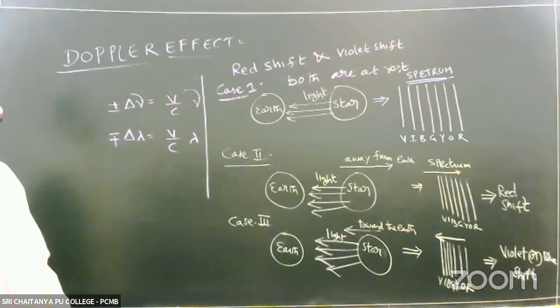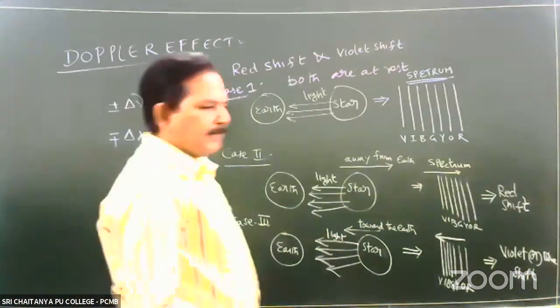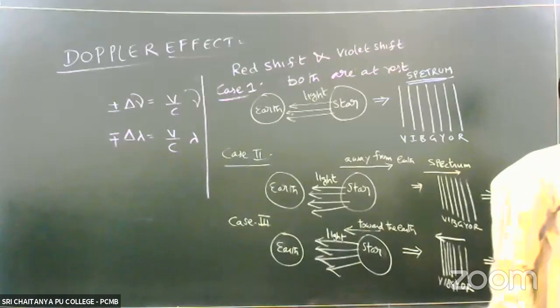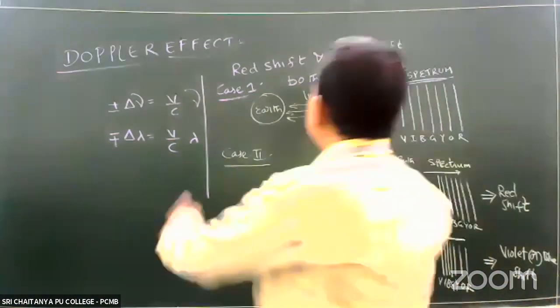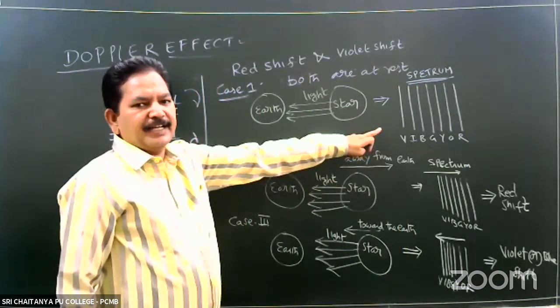So, very important 3 cases. What is meant by red shift? What is meant by violet shift in the Doppler effect of light? When both are at rest, we get a spectrum with VIBGYOR colors.